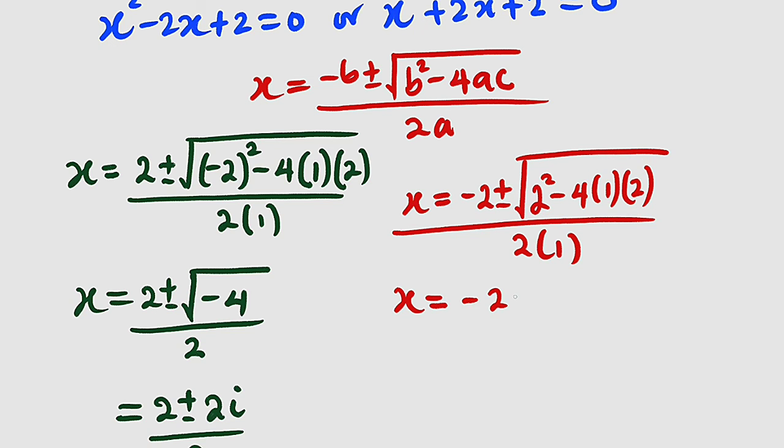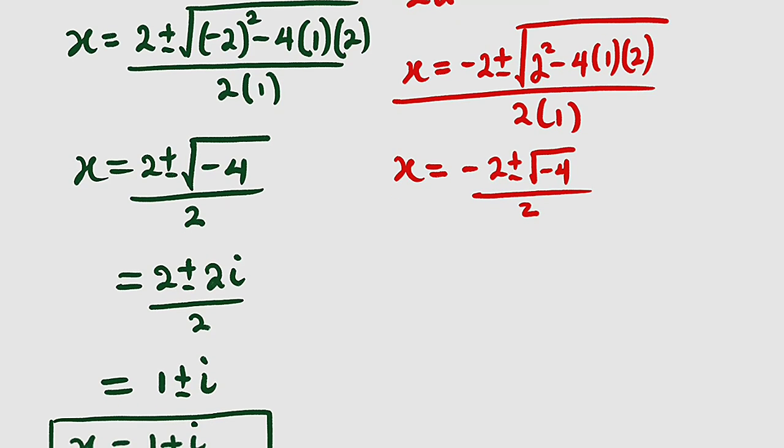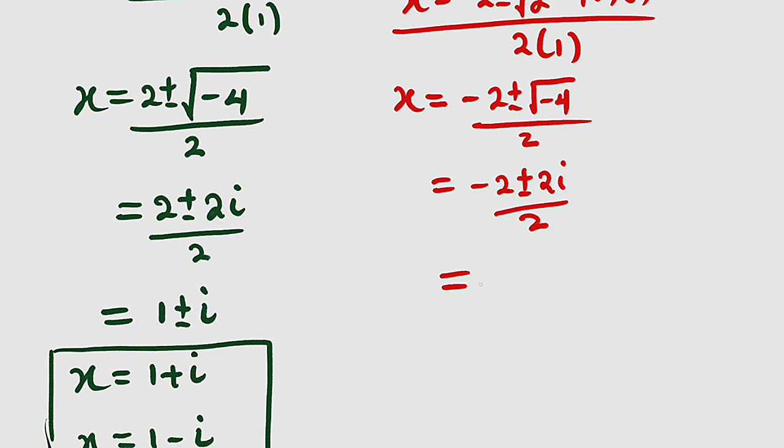So we have minus 2 plus or minus the square root of negative 4 divided by 2. And the square root of negative 4, remember, is 2i. So this is equal to minus 2 plus or minus 2i divided by 2. Divide the 2 by 2, you have minus 1 plus or minus i.